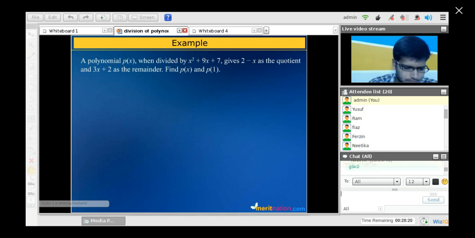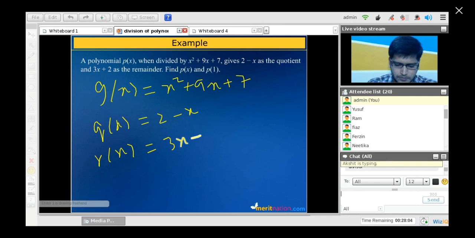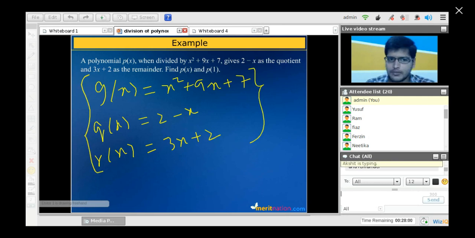Let me write. g of x is equal to x square plus 9x plus 7. And quotient is given by q of x is equal to 2 minus x. And r of x, the remainder, is given as 3x plus 2.